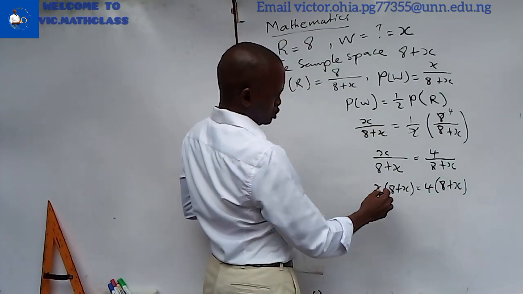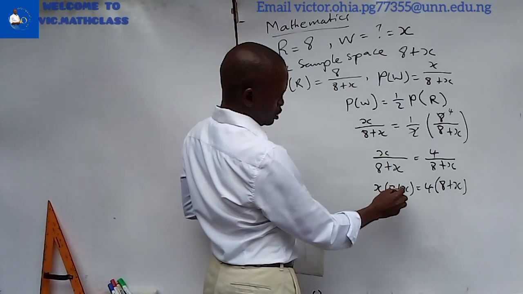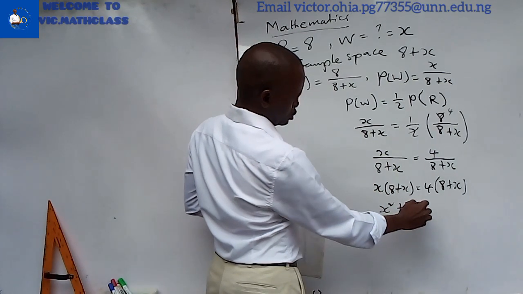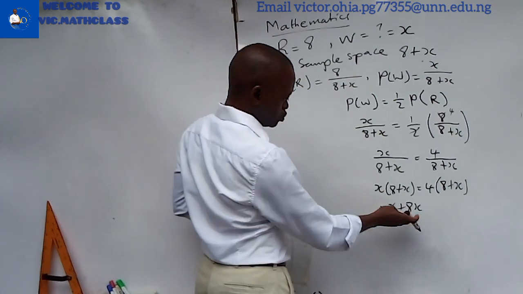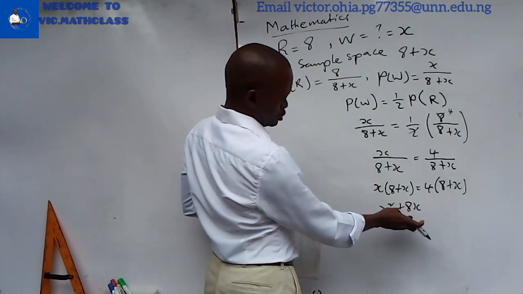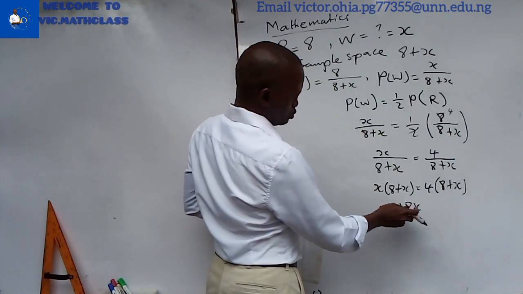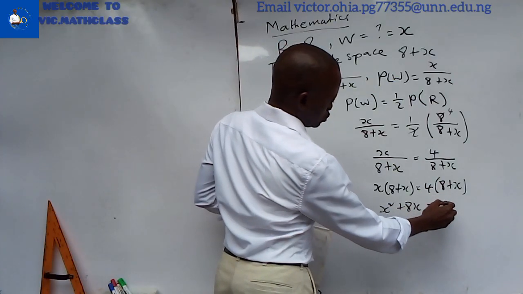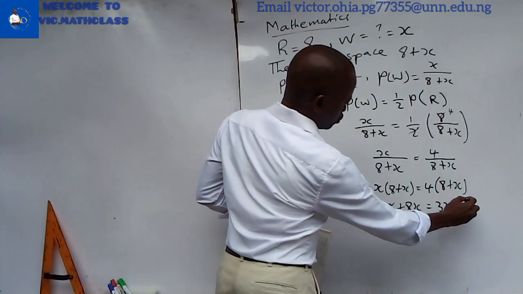So here we're going to have, let me take this one first, X squared plus 8X. It's still the same thing irrespective of the arrangement. X times 8 is 8X, X times X is X squared, equals 32 plus 4X.